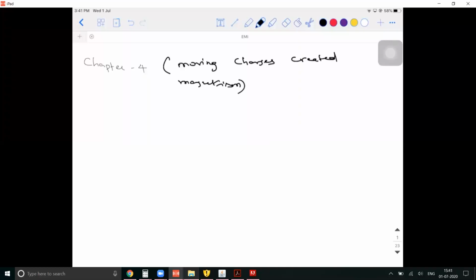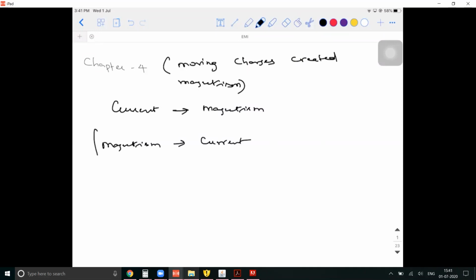So to put it in simple terms, can I say that wherever current was there, there was magnetism around. So this chapter is exactly the reverse, in the sense that using magnetism, we are going to generate current. So using magnetism, generating current is the main objective of this chapter.